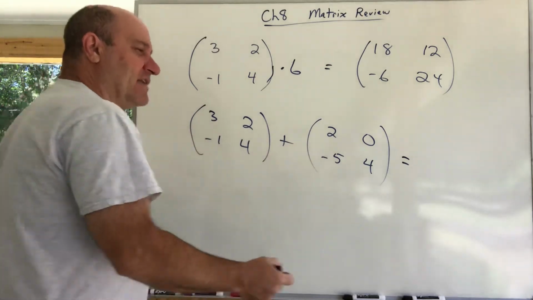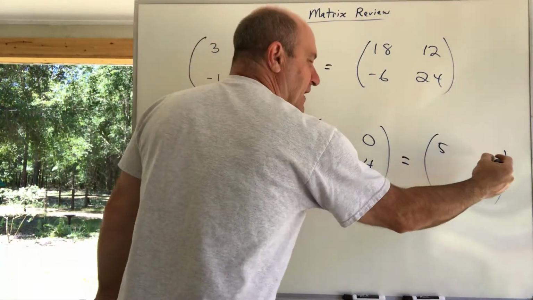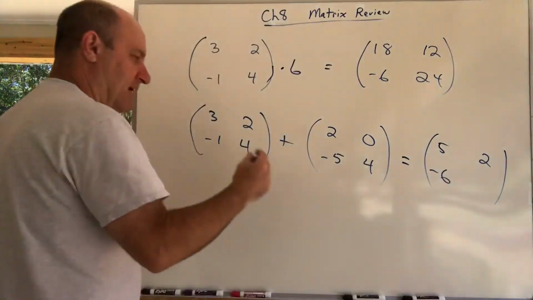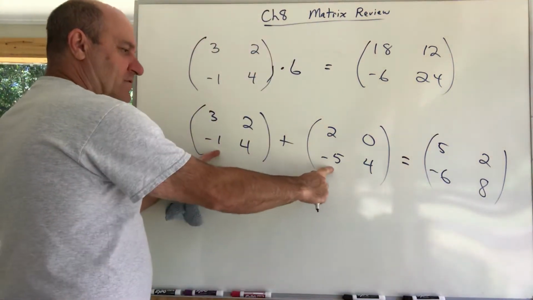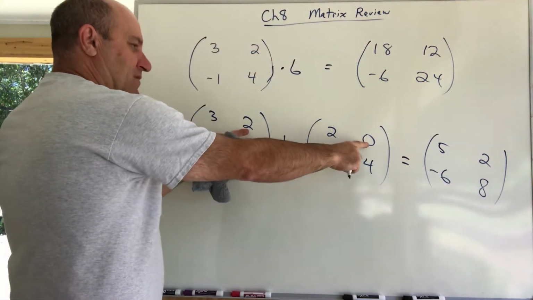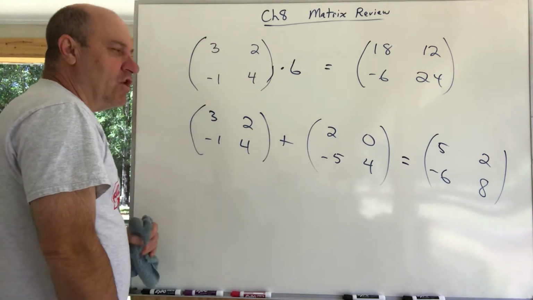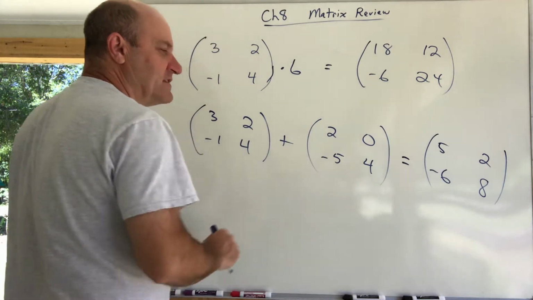So you get, of course, 5, 2, -6, and 8. I think I added that right. Add those, add those, add those, add those.